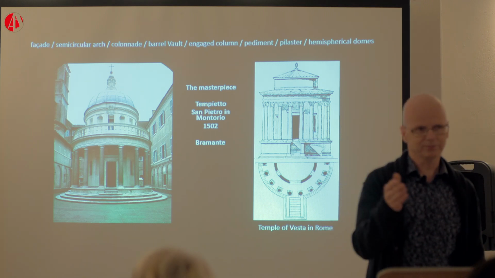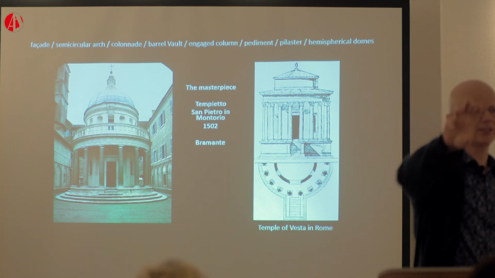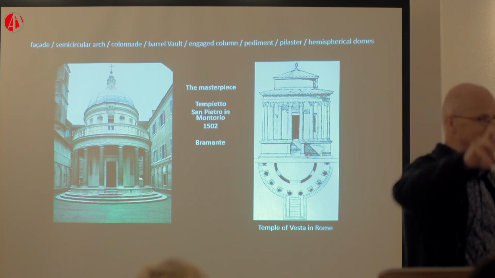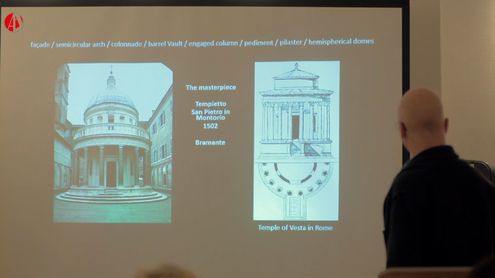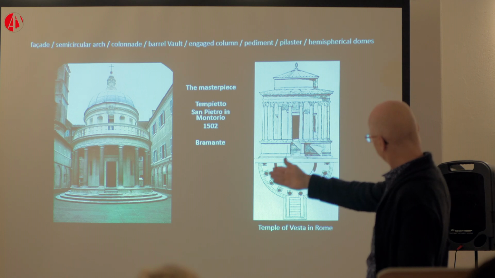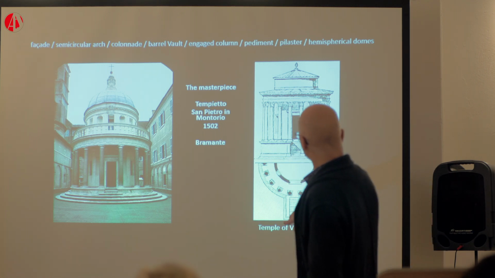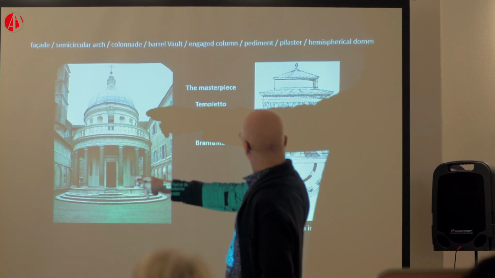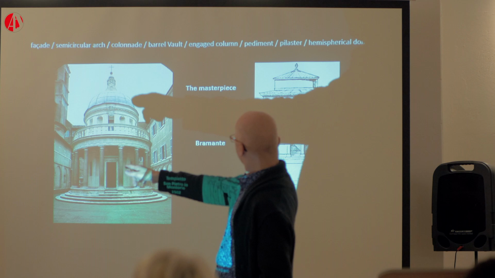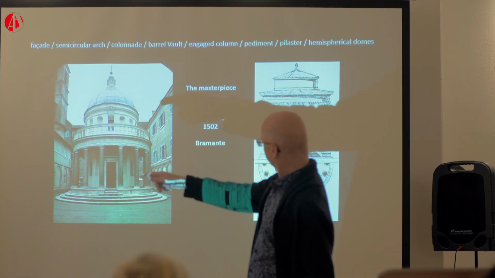Sadly, you can't get in, so the only thing you can do is to stick your camera inside and take a picture. But it has its order, and it's a copy from the Temple of Vesta in Rome. But it's added the hemisphere and the dome on the top, which they don't have. So it's a combination.